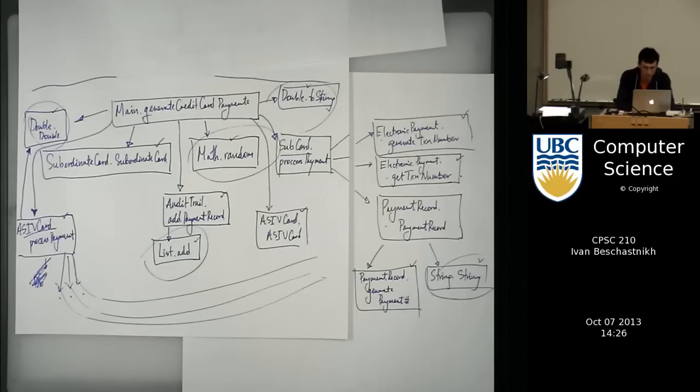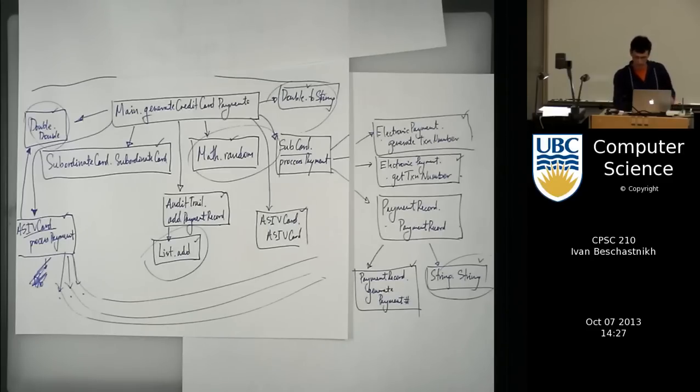But it says string. There are two versions, right? So here process payment, this guy, for the ACID card. No, the ACID card is below. Oh, that's the subordinate card. Okay, thank you. Great, this is super confusing. Good, thank you for pointing that out.